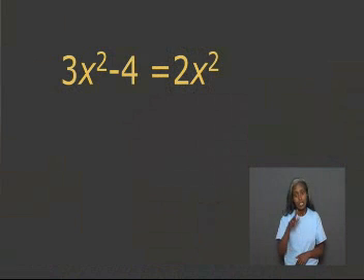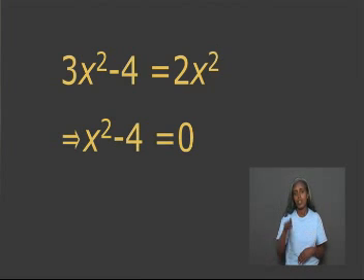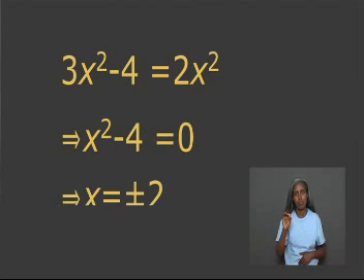3x squared minus 4 equals 2x squared. Therefore, x squared minus 4 equals 0. So, x equals positive 2 or negative 2.